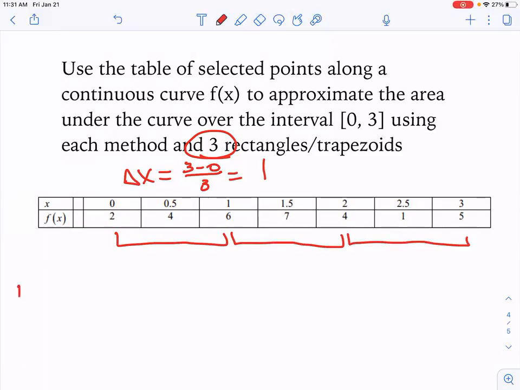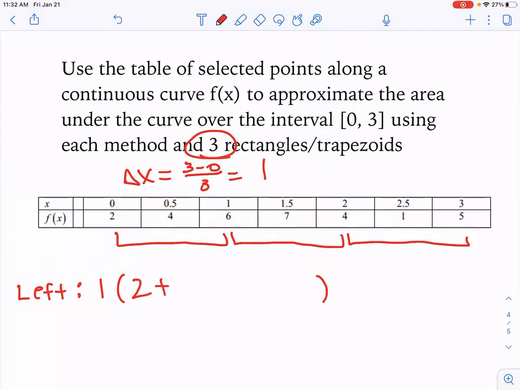Okay. So if I'm going to do a left-hand approximation, I have delta x times the sum of our heights. Look at our table. What is the height of the left-hand side? 2, because this rectangle goes from 0 to 1. The height on the left is 2.